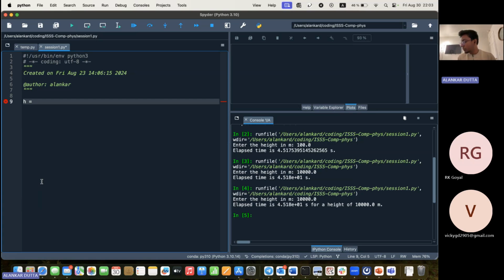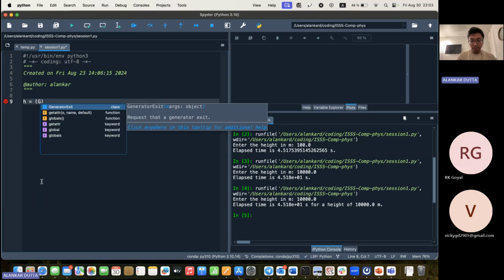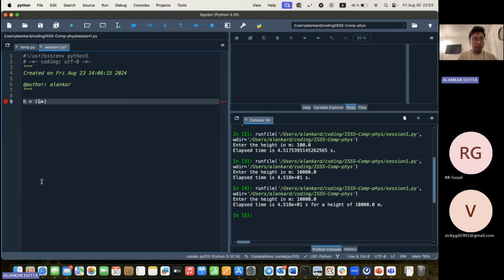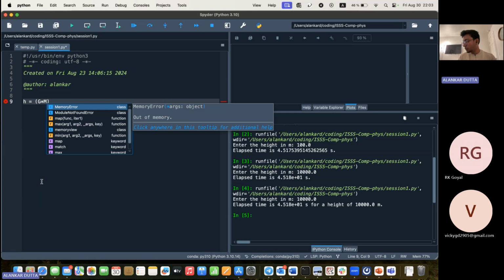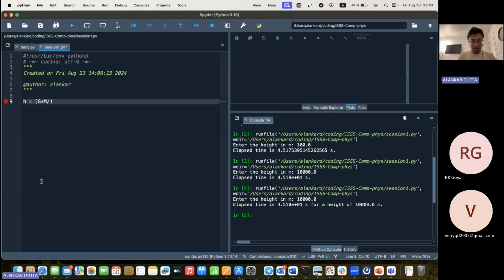Okay, so for that, what you need is something like this: G times M, I'm going to explain what these mean, and then 4 times pi, so this is for pi, and this to the power of 1/3.